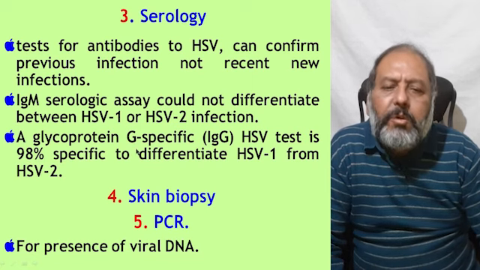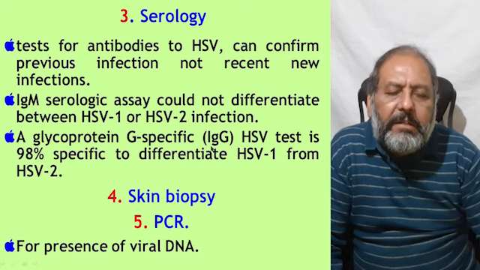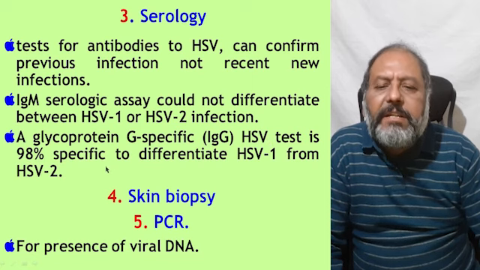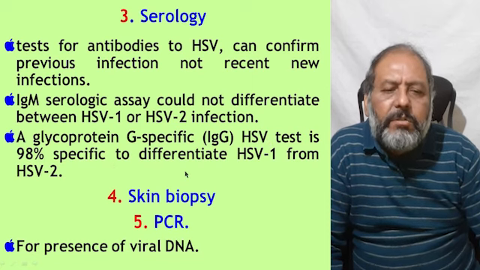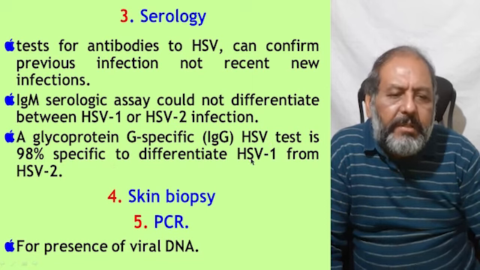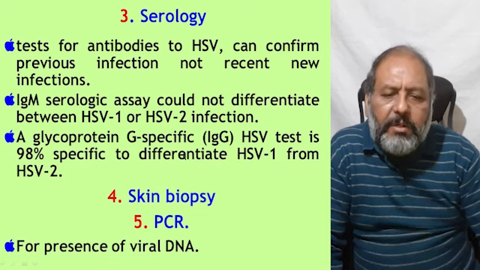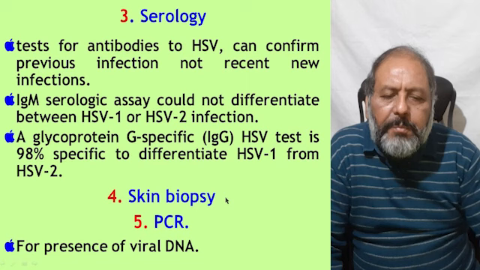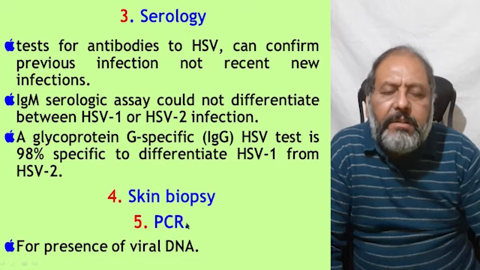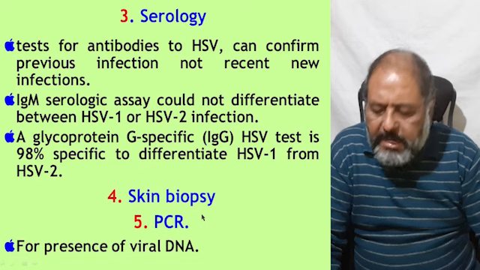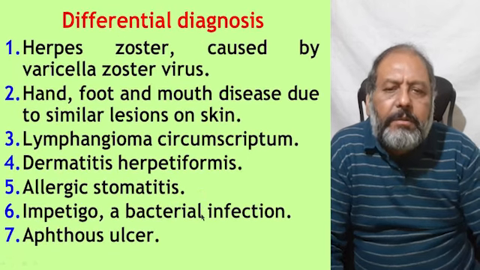A glycoprotein G specific IgG HSV test is 98% specific to differentiate HSV1 from HSV2. Then number 4 in diagnosis is skin biopsy, and number 5 is the PCR for the presence of the viral DNA and to confirm the diagnosis.